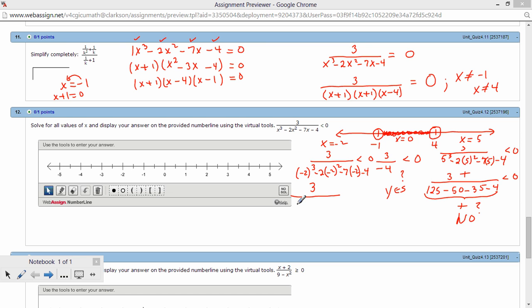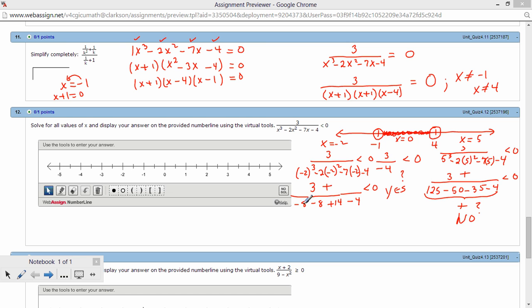So we have negative 8 minus 8 plus 14, because minus 7 times minus 2 is plus 14, minus 4. And the question is, is that less than 0? Well, again, your numerator is obviously a positive number. It's a 3.